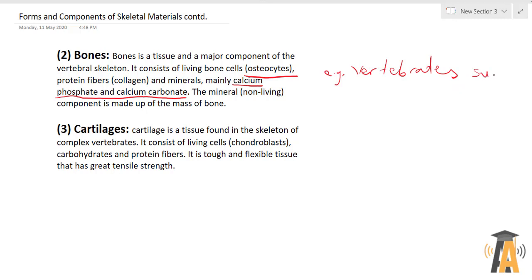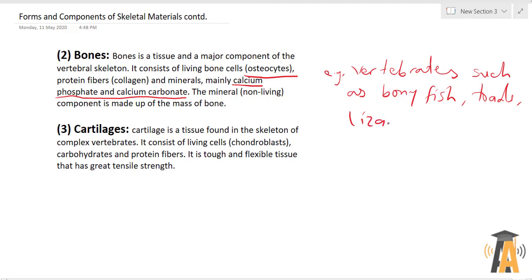Vertebrates such as fishes, bony fish, toads, lizards, etc. So all these organisms are organisms that have bones in them.